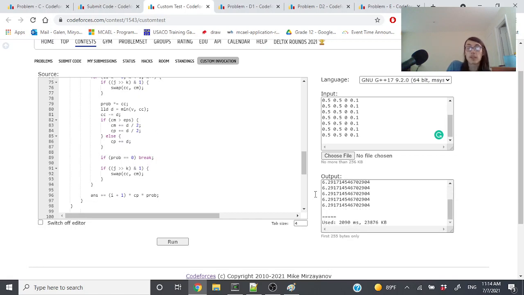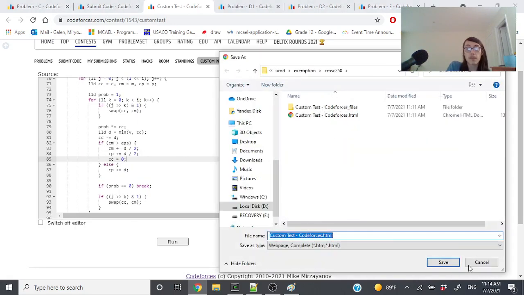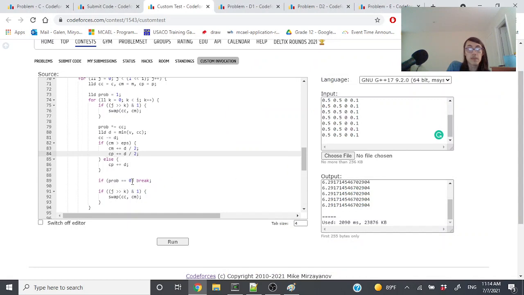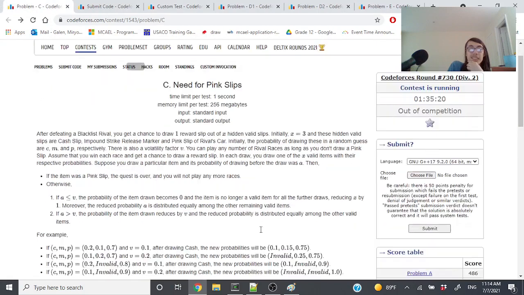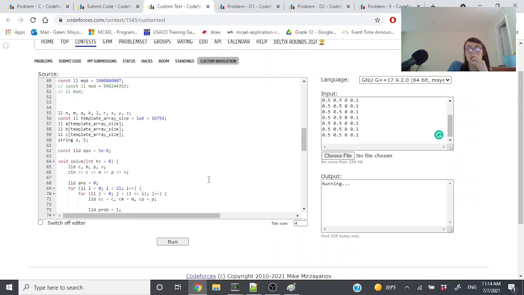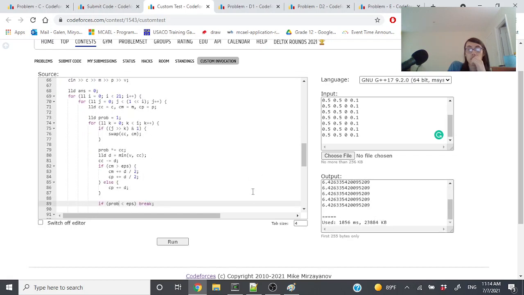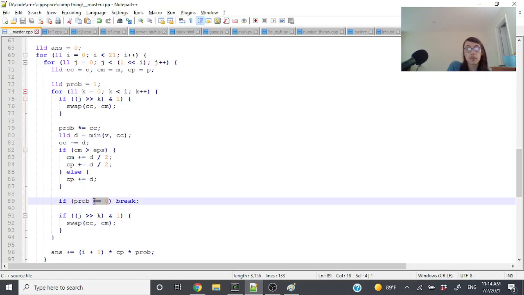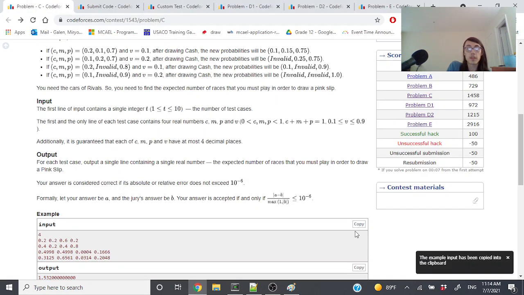Oh wait, that's why. CC is equal to 0. No, never mind. That's not necessary. Get 10 to the negative 6. I guess that's fine. Does this work fine if we do this?